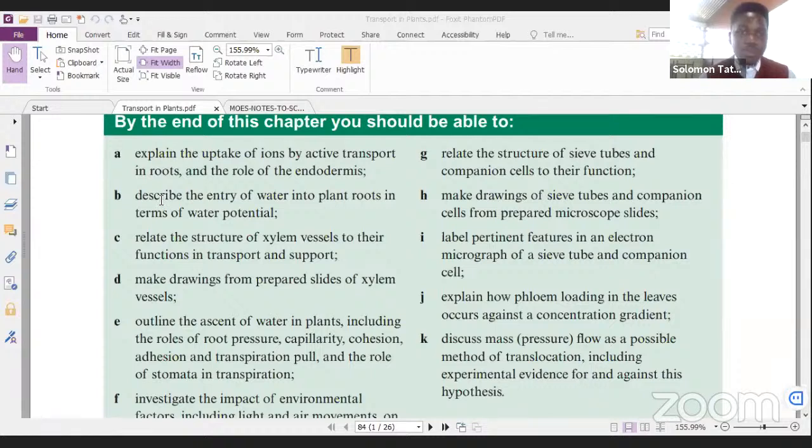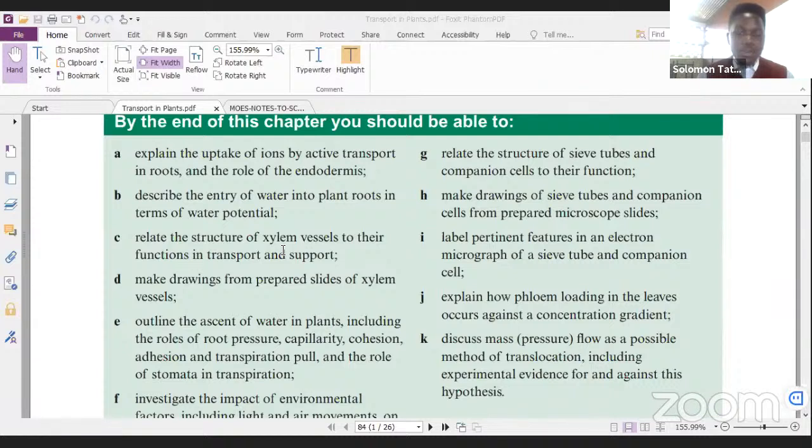So I was looking at some of the things you'll expect. The uptake of ions by active transport will be key here. Description of the entry of water into plant roots in terms of water potential. Relate the structure of the xylem vessel to its functions in transport and support.